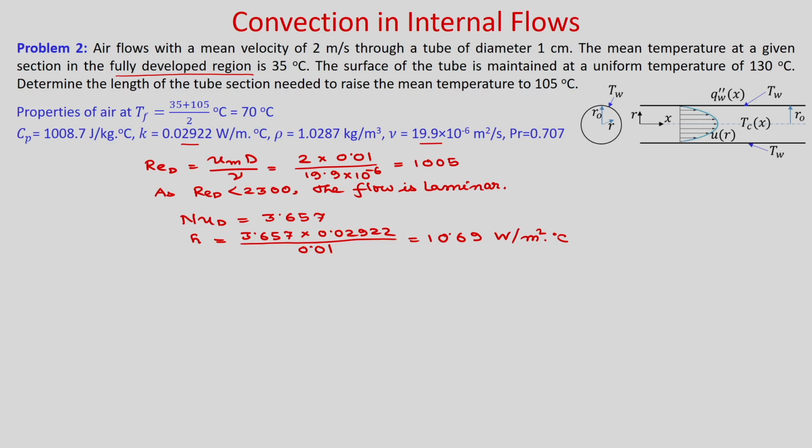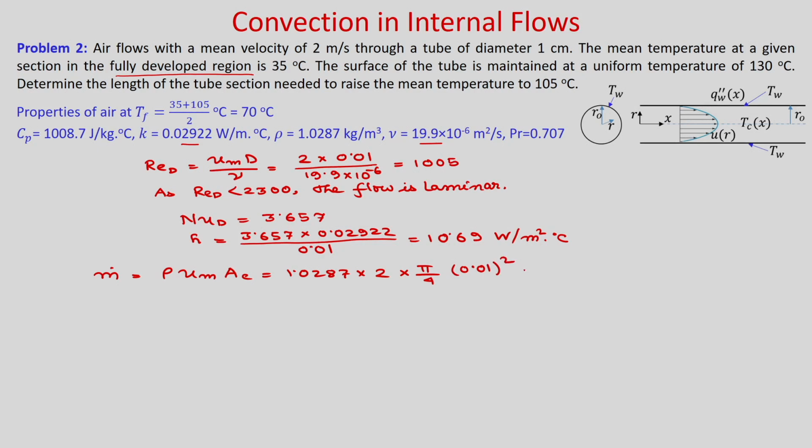Okay. So, now let us calculate the mass flow rate. Mass flow rate m dot is rho u_m into cross sectional area. So, rho is 1.0287 into mean velocity, which is 2 meter per second, cross sectional area is pi by 4 into d square, 0.01 square.